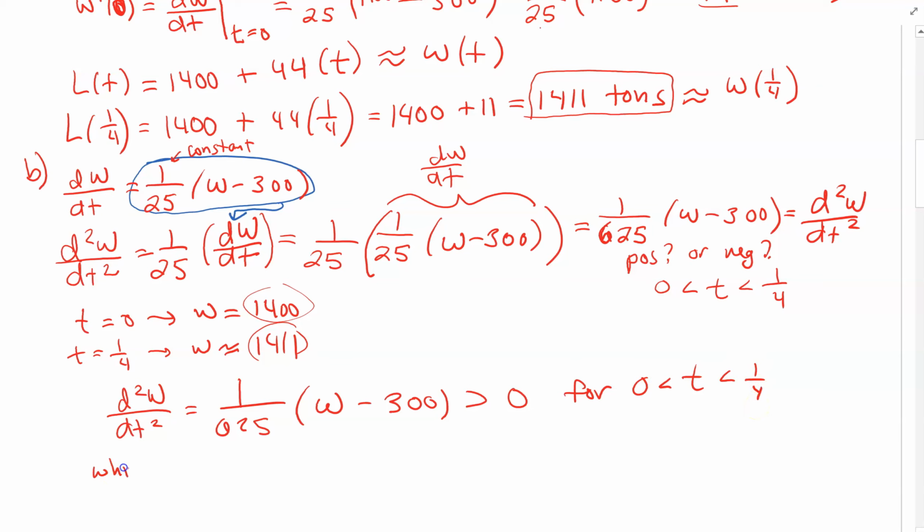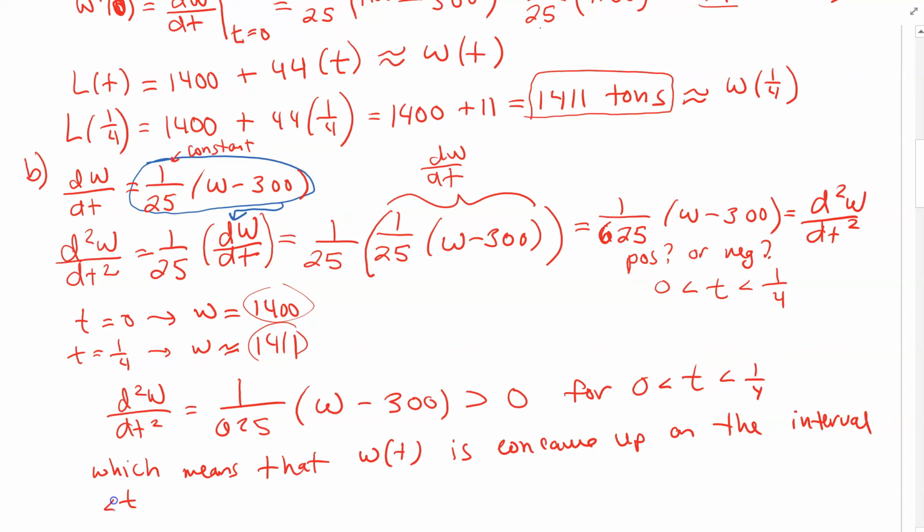which means that w itself, right, this is the second derivative. So if I go back to antiderivatives, w itself will be concave up on the interval from 0 to 1/4, because its second derivative is positive on that interval, so it itself will be concave up.